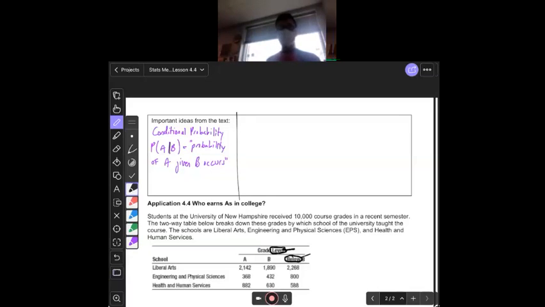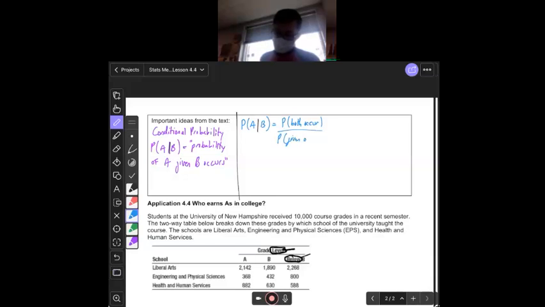So the formula for that, how do you calculate that conditional probability? I'll give you a couple different ways to write it. So the probability both occur, divided by the probability that the given occurs.